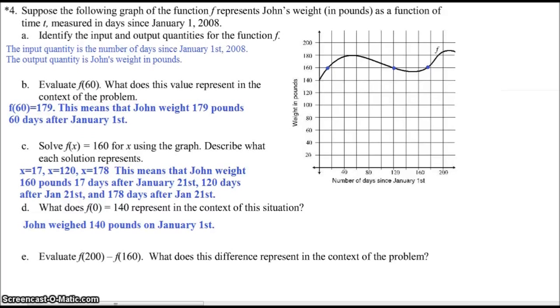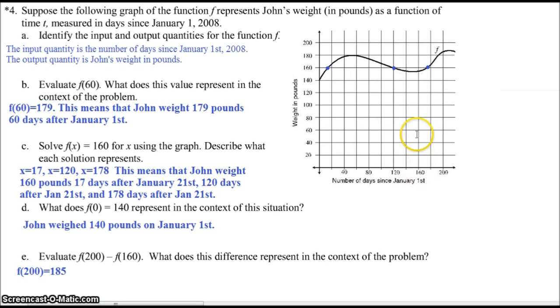In Part E, we're asked to evaluate f of 200 minus f of 160, and think about what this difference represents in the context of the problem. First, we need to calculate f of 200. Looking at our graph, when the input is 200, the output is maybe about 185. Then we need to calculate f of 160.